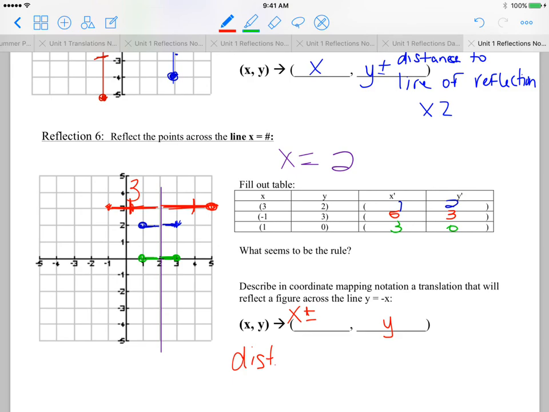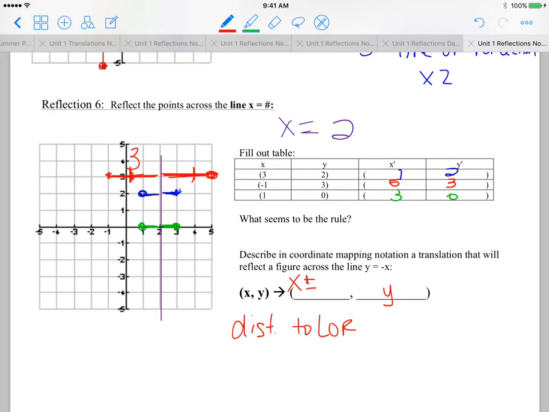I'm going to abbreviate this time though. Distance to our line of reflection times 2. So 3 times 2 is 6. If we take 6, add it to our original x value of -1, -1 plus 6 gives us 5.